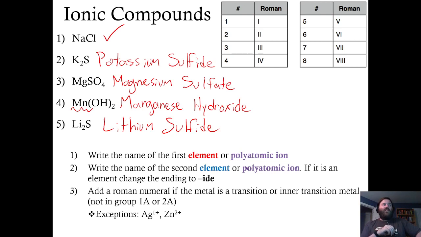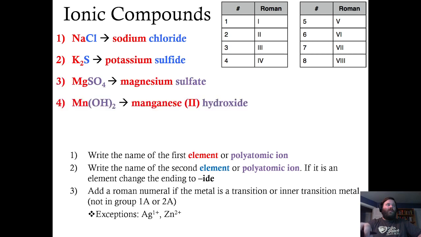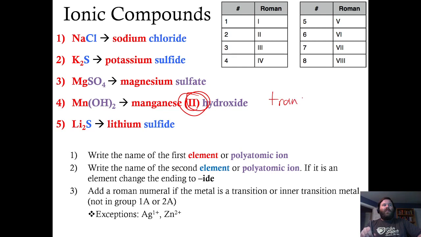And so in this case, because we've got two hydroxides and each hydroxide is -1, to balance this out, we need to put our Roman numeral in the middle. And so it'll be manganese(II) hydroxide. So, there's our answers. And remember, this Roman numeral in the middle is because manganese was a transition metal. It was in the middle of the periodic table.